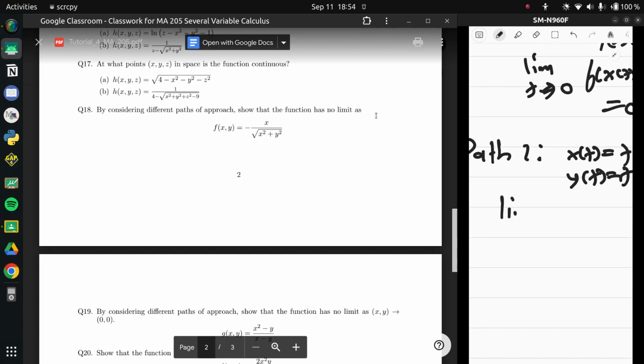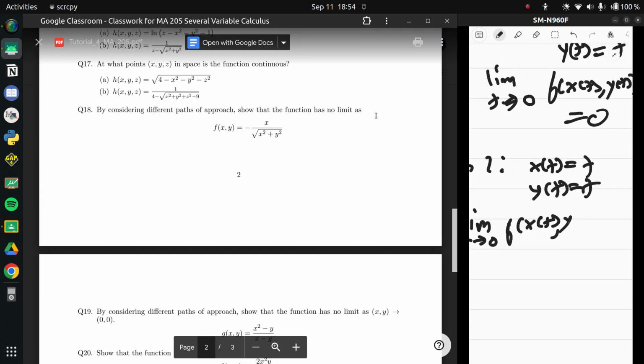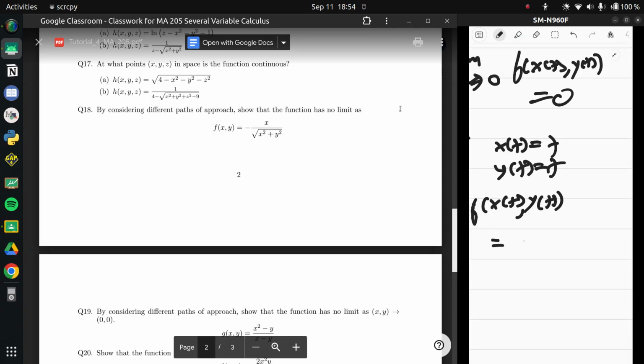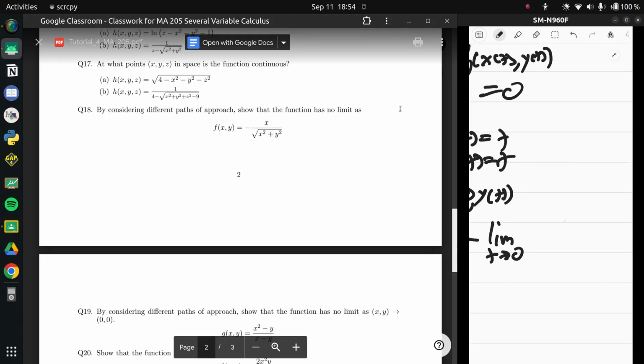Basically, the limit as t tends to 0 of f of x of t, y of t. If it were to exist, this should be the same thing as the limit as x, y both tend to 0, so this would be made independently. But what is this? It's just the negative limit as t tends to 0 of t upon square root of t square plus t square, which you guessed it, is just 2 magnitude of t.